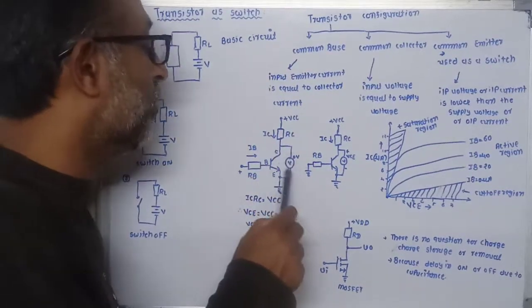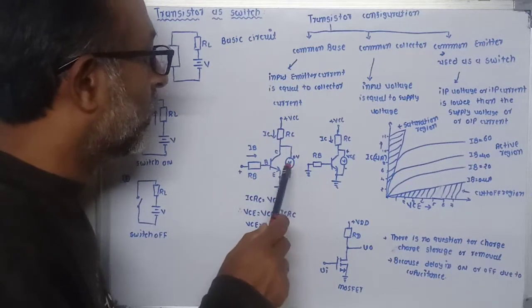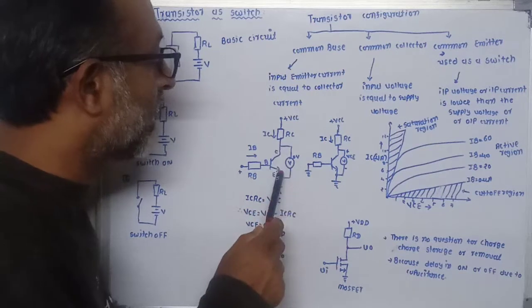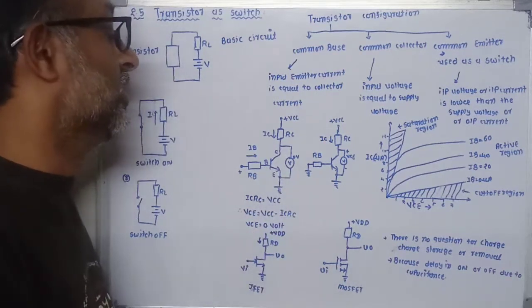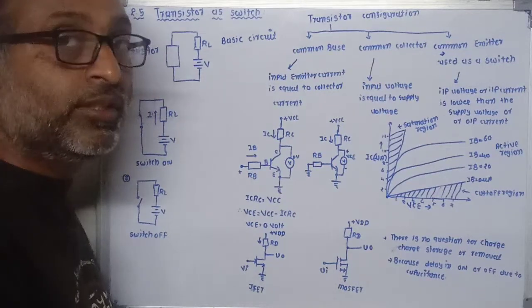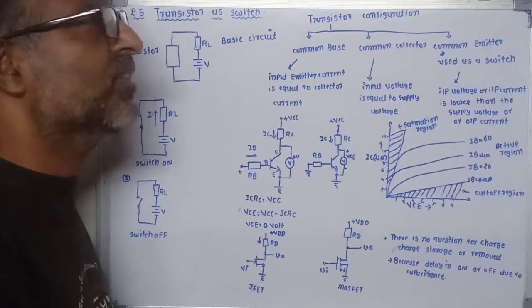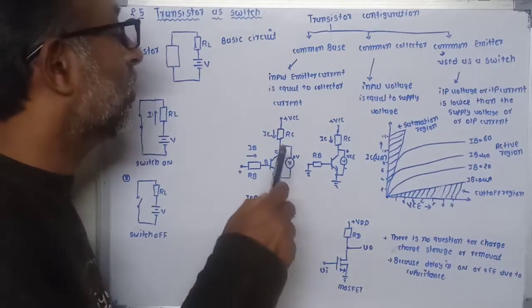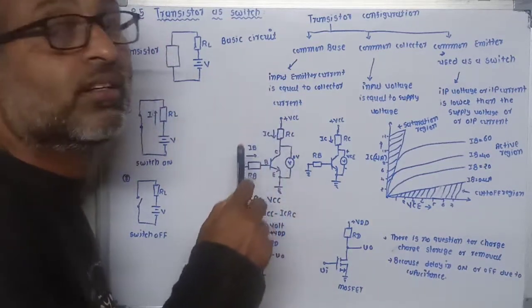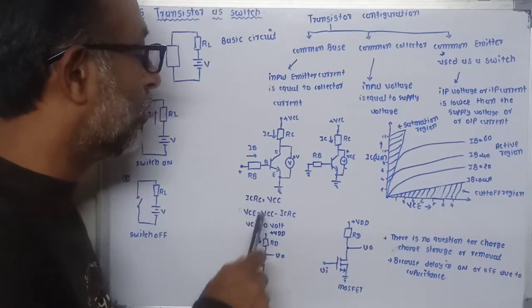At that time this voltmeter, which is connected in parallel with the collector and emitter junction of the transistor, shows 0 reading. That means we can say that the total applied voltage VCC is dropped across this collector resistance. So we can write ICRC is equal to VCC.